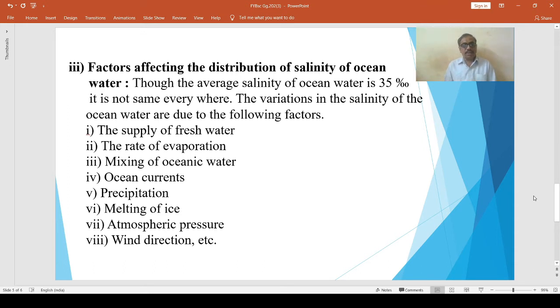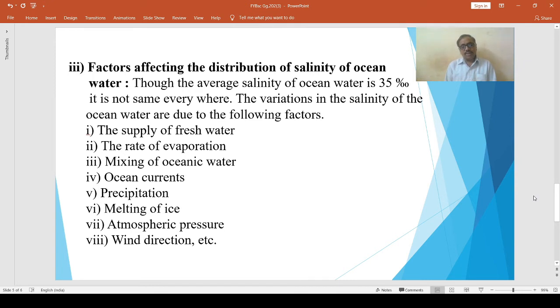The oceans, seas, and lakes receive their supply of fresh water through rainfall, snowfall, melting of ice, and rivers. The oceans that receive a plentiful supply of fresh water, hence their salinity is less.